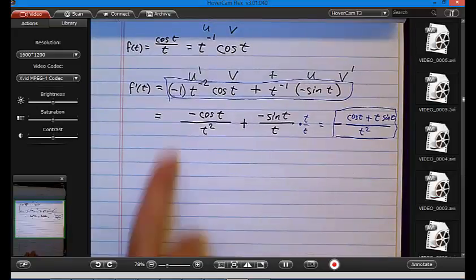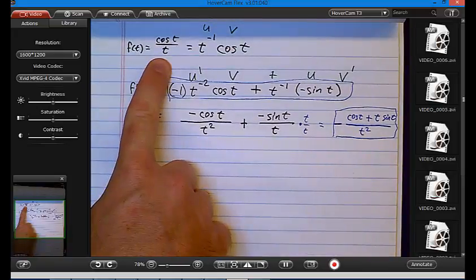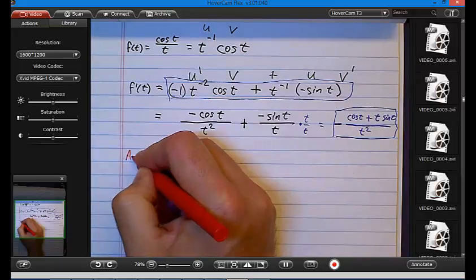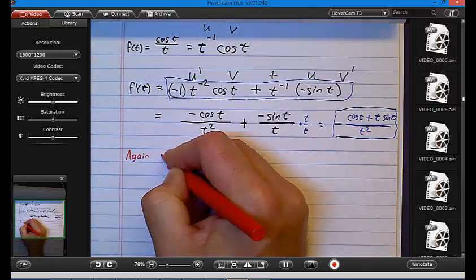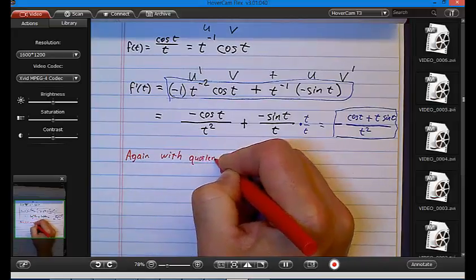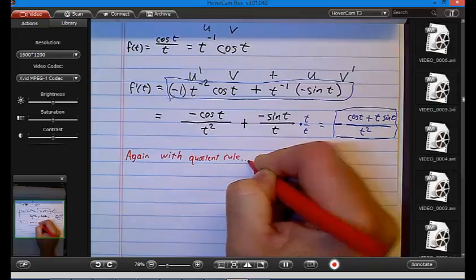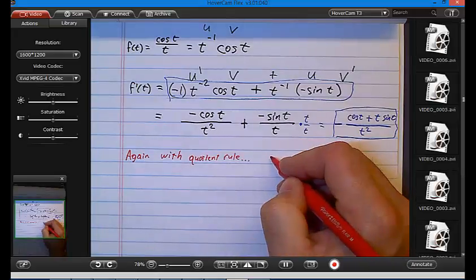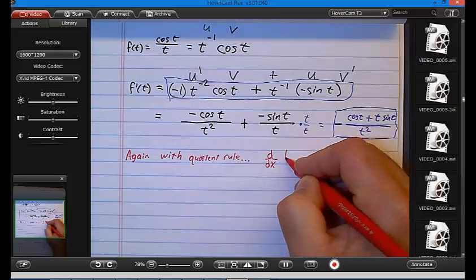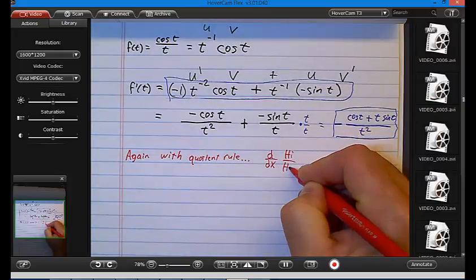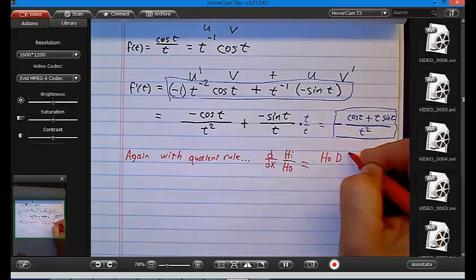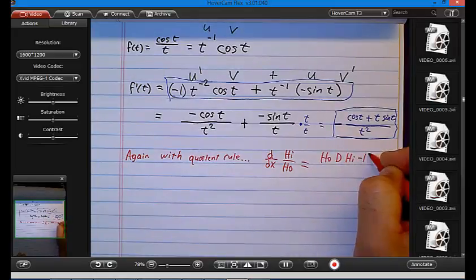The derivative of high over ho is equal to ho d high minus high d ho. And by d, I mean derivative. All over ho ho. This is how I remember it. It's a lot easier than trying to remember where the f's and g's are for me. So here I go.